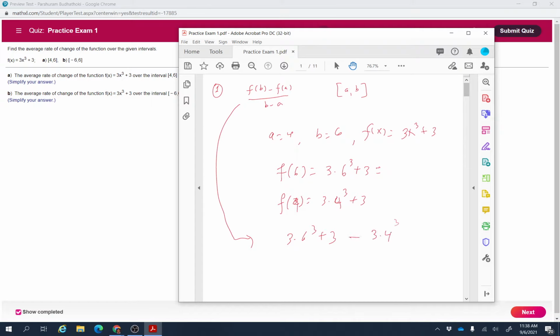3 times 4 cube plus 3 over b minus a, b is 6, a is 4.